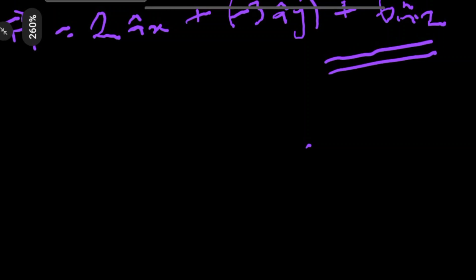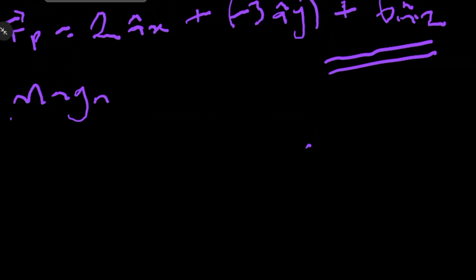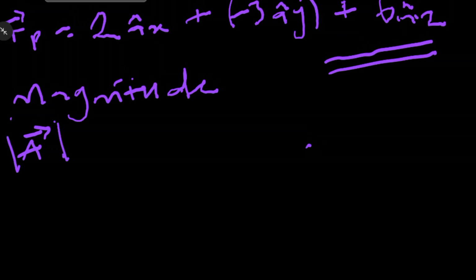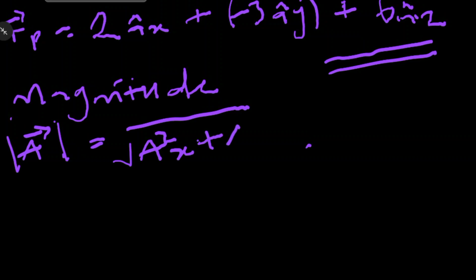So now let's find the magnitude. Let's not forget our formula I earlier stated, which is the magnitude of A equal to the square root of the sum of x squared, y squared, and z squared.